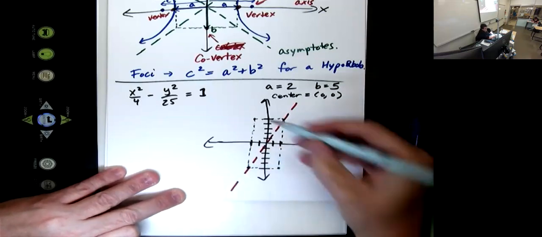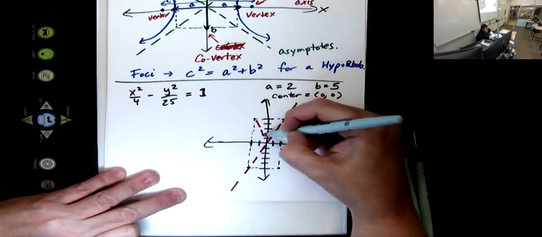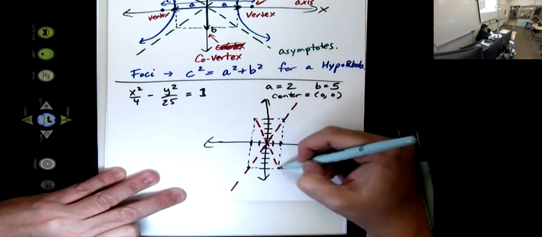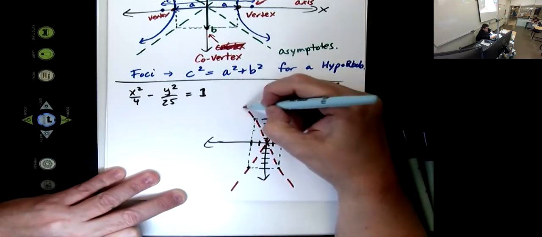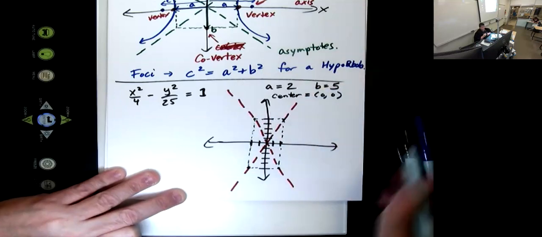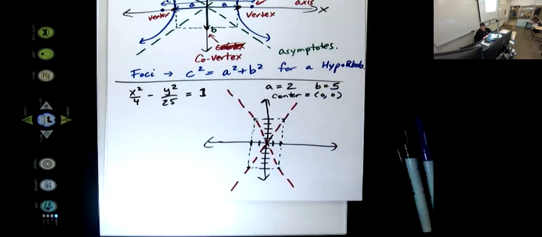Asymptotes go through the diagonals. This is how you start every ellipse.